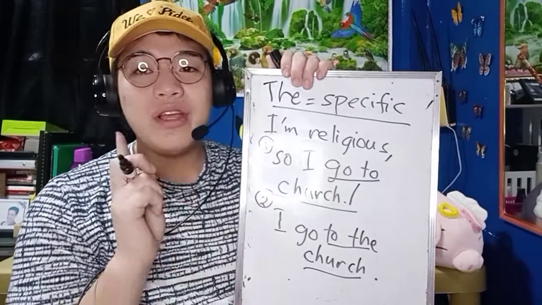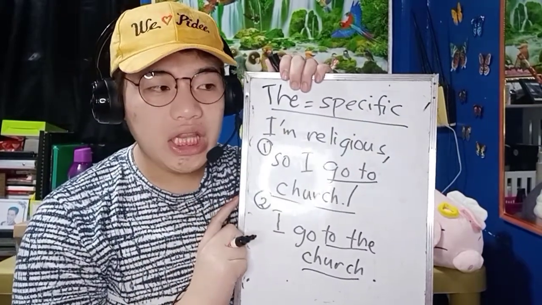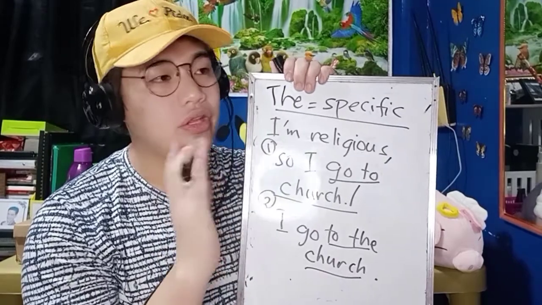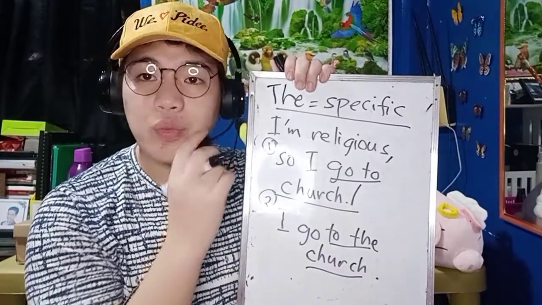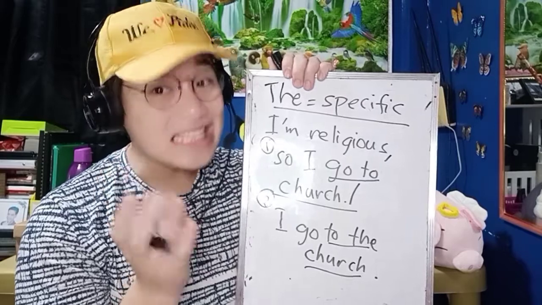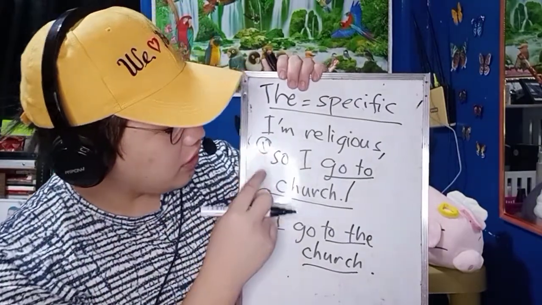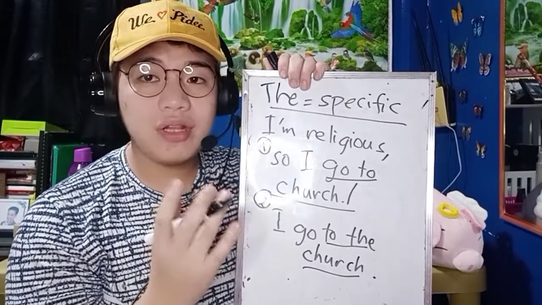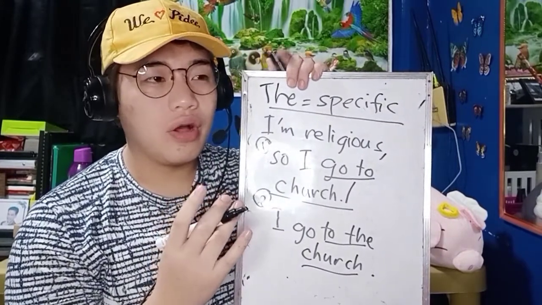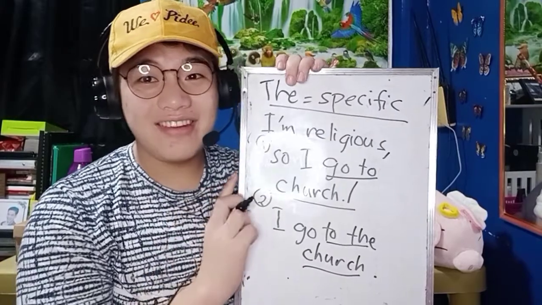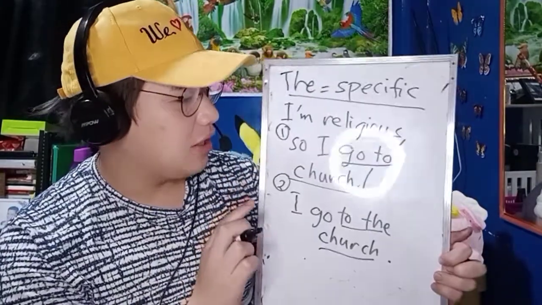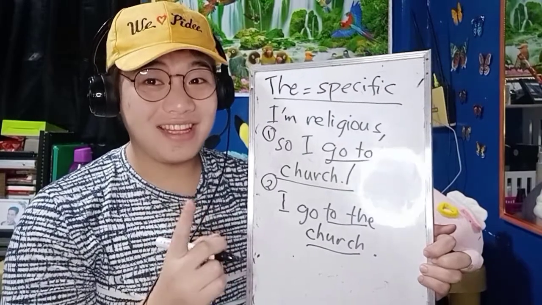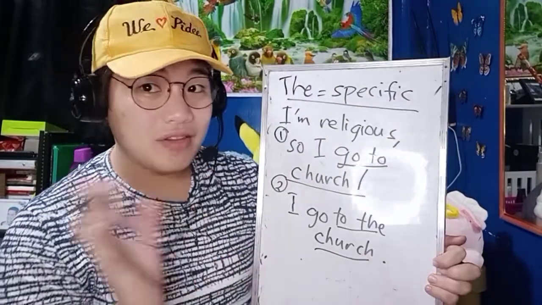Alright, so in choosing the correct answer, you need to understand what the meaning of the sentence is, okay? So as you can see here, I'm religious, meaning to say you are a person who is really into going to church, so on Sundays especially, or it depends on your religion.